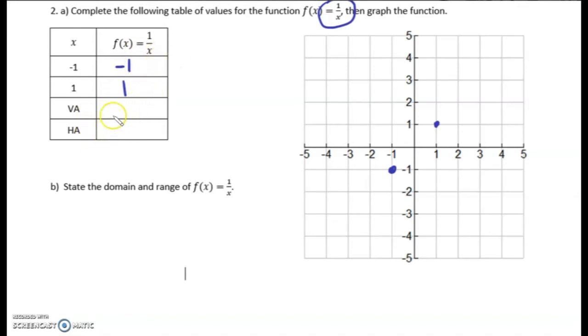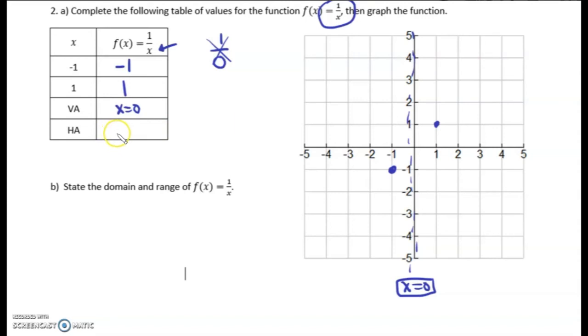Okay, a vertical asymptote occurs at x equals 0. So that looks like this. And we have to label the vertical asymptote, x equals 0. And we know that because of this denominator, we talked about restrictions, 1 over 0 is not defined.